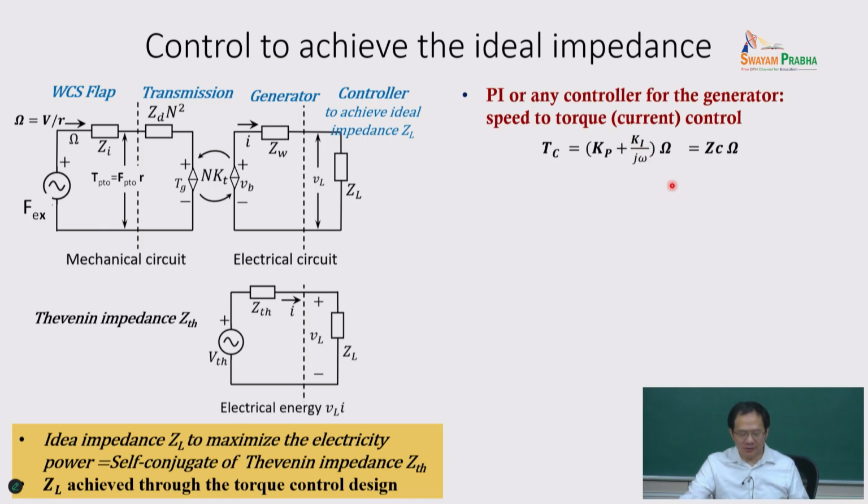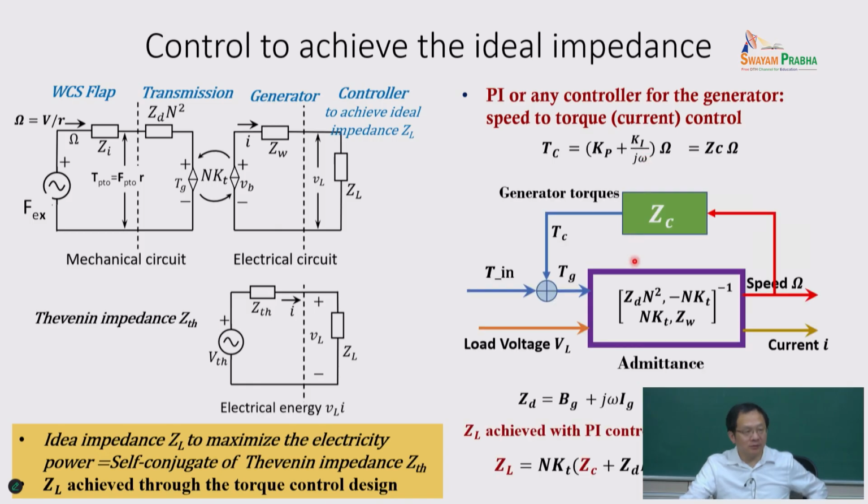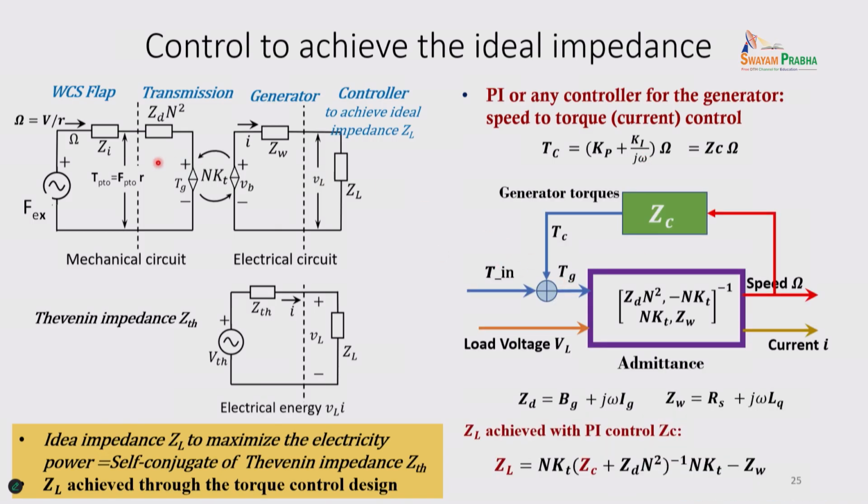Let us say you design a very simple PI control with velocity feedback. You control the torque or the torque current. The system is like that. This is a two-terminal system, right? You measure the velocity, and you generate the torque. Then the generated torque and the input torque add together.